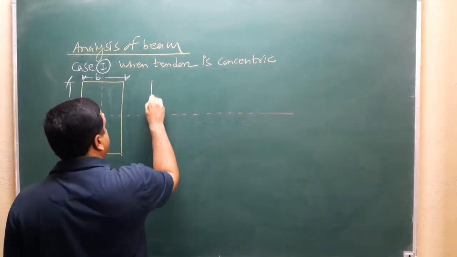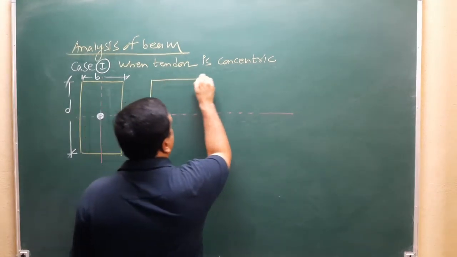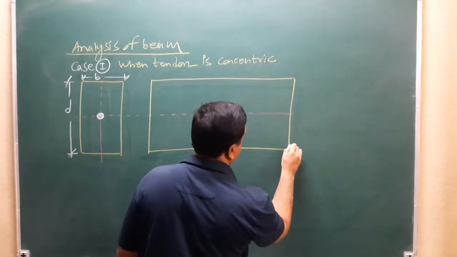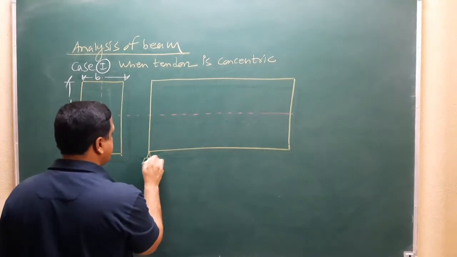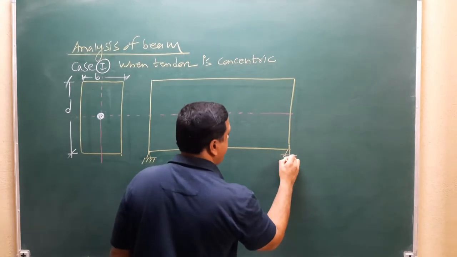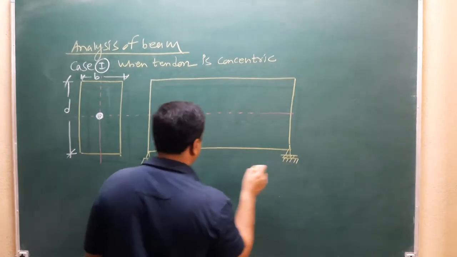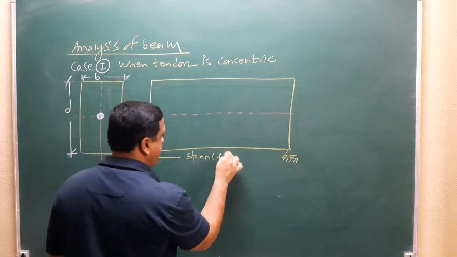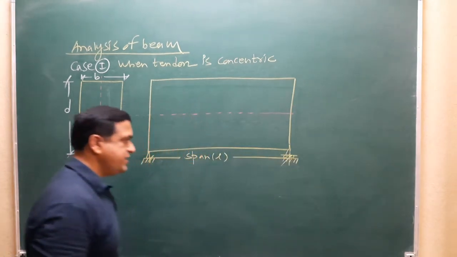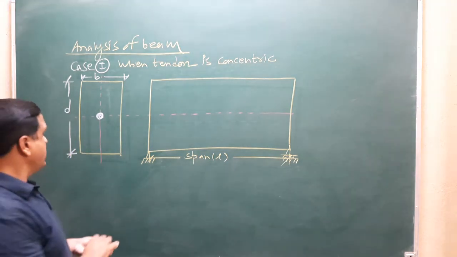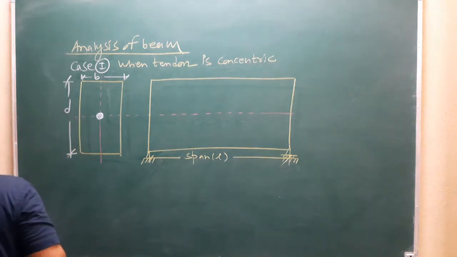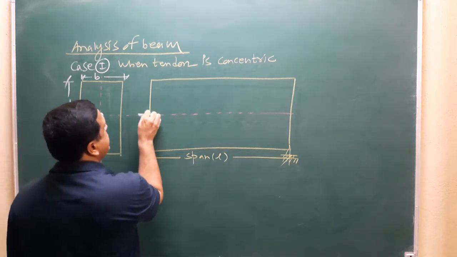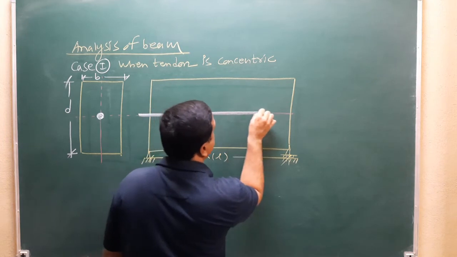And this is the longitudinal section of the beam. So this is the support, and again this is the support, and this is the span of the beam. Isn't it? Now this wire is exactly at the center of the beam.